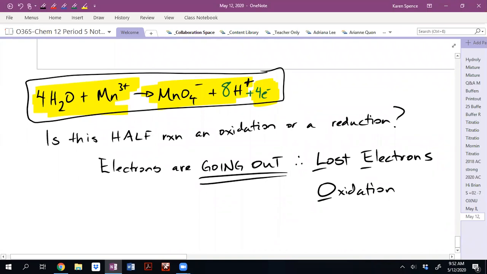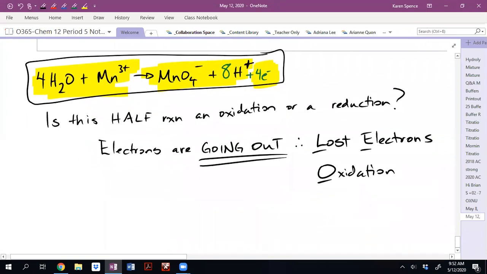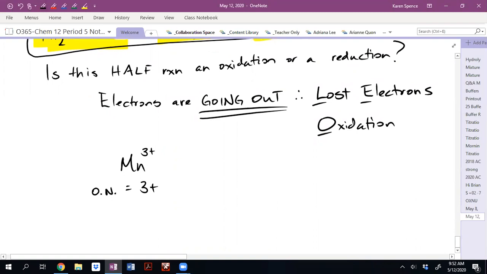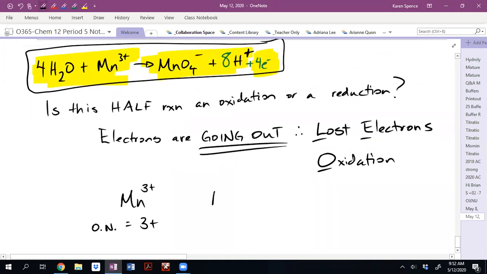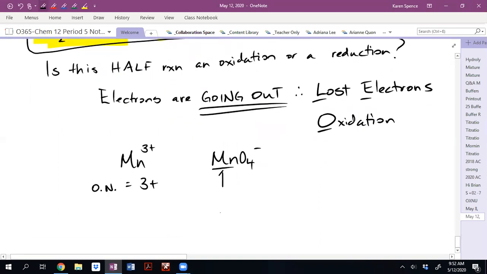The other way to look at it is you can look at your manganese, and you can say manganese on the right-hand side, its oxidation number is 3+. That one's really easy, right? On the left-hand side, we have MnO4-, and the oxidation number of manganese there, well, we have 1 manganese and 4 oxygen, and that's going to equal our total charge, which in this case is -1.